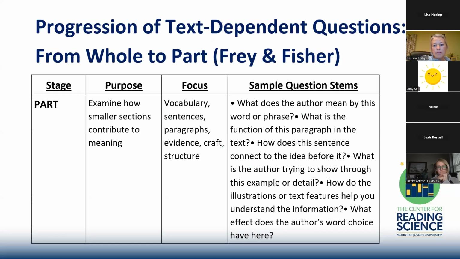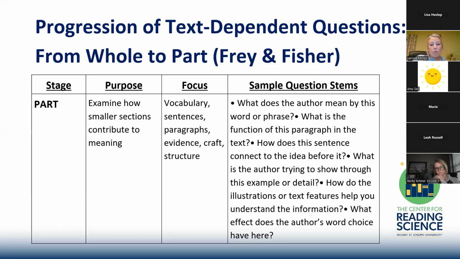The next chart here shows if we were to zoom in a little bit more after the students have that global understanding and maybe start to examine smaller sections. So those vocabulary words, sentences, phrases, even paragraphs. We're looking at evidence, craft, and structure here as well.